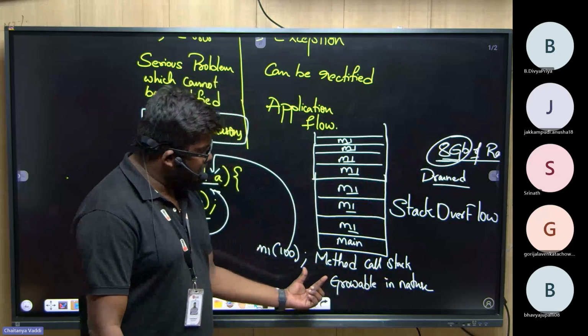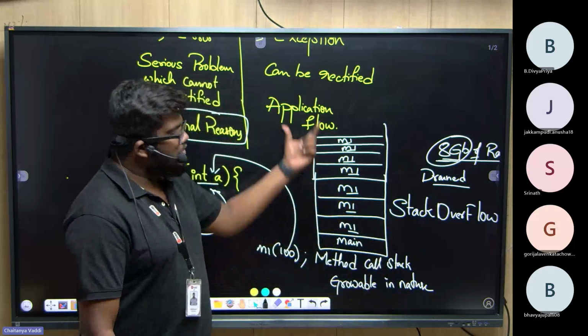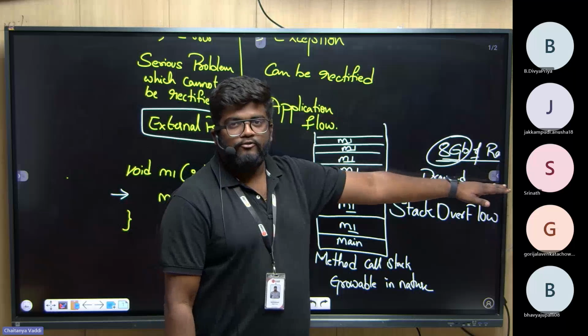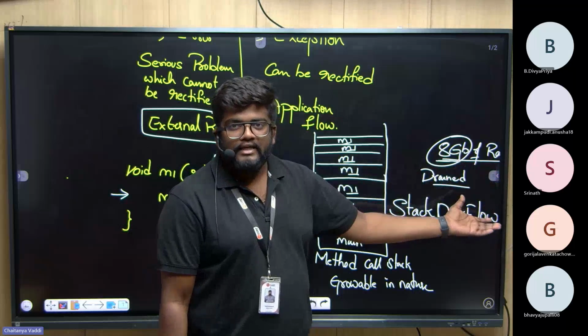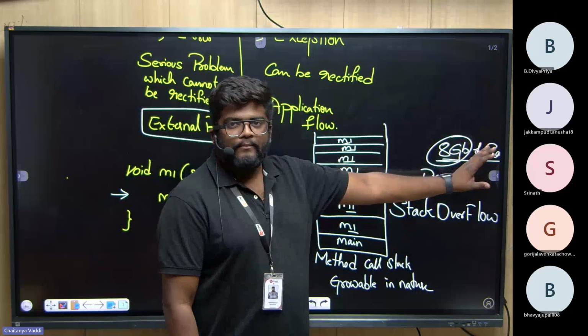Because as we know, the method call stack can be growable in nature. It can grow into unlimited size if you have unlimited amount of memory available, but that's not the case here. That's not the real world case, right? You will have a limited amount of memory only.